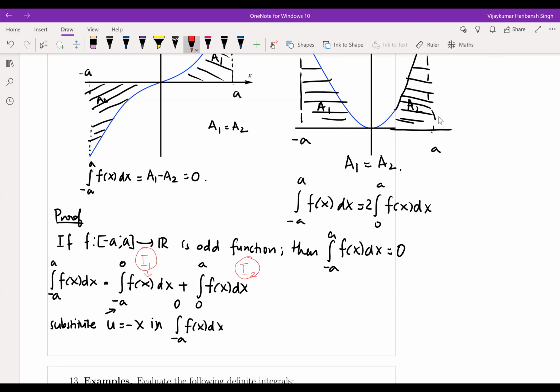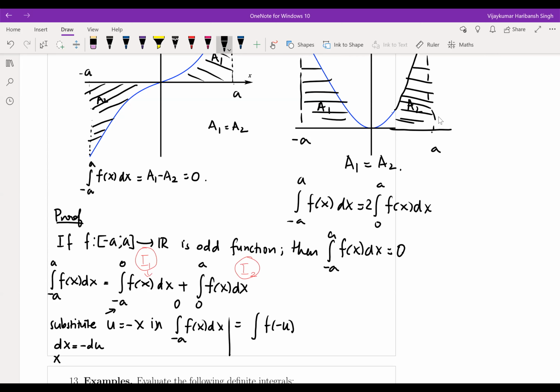Yeah. So in this integral, I'm doing the substitution. How will it look? This is going to be the integral of f of, instead of x, I'll write minus u. Now dx gives us dx equals minus du.